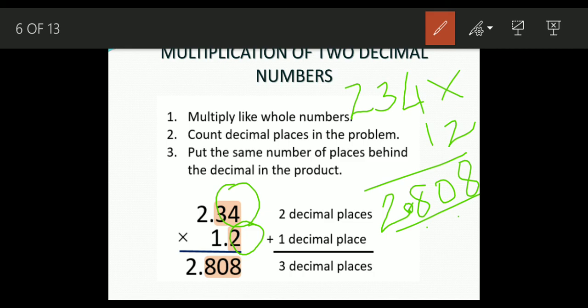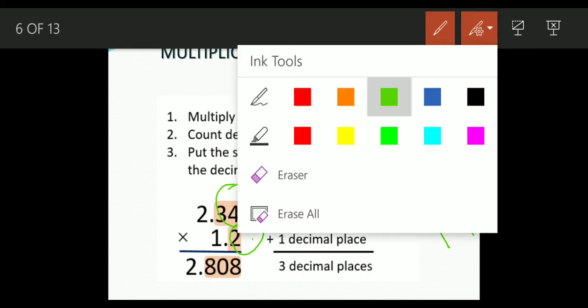Here both are decimal numbers, so I am calculating for both the decimals. Always remember you have to see the right side of the decimal point. So here I have 2 numbers, here I have 1 number. So 2 plus 1 becomes 3. So before the third number I will keep the decimal point. Clear? So this is how you multiply two decimal numbers.